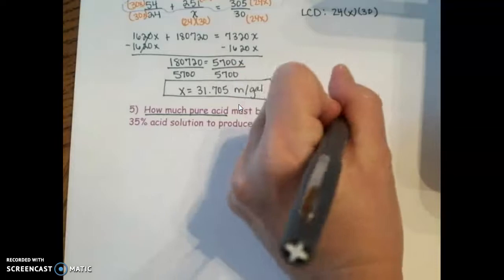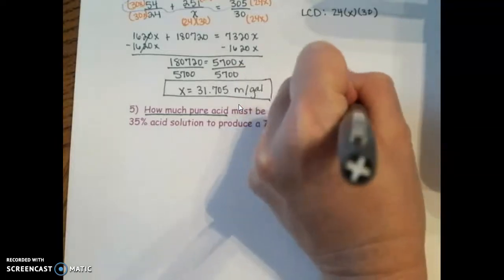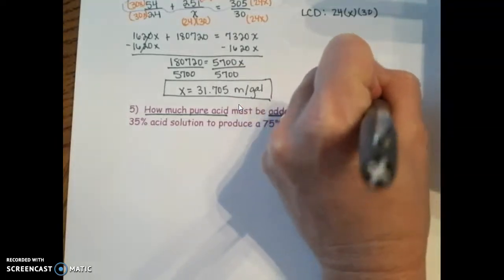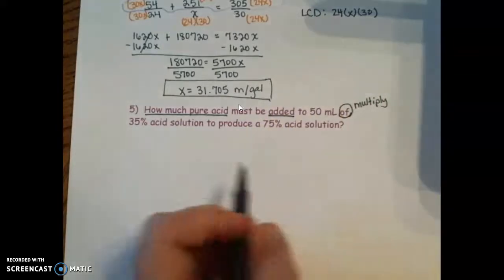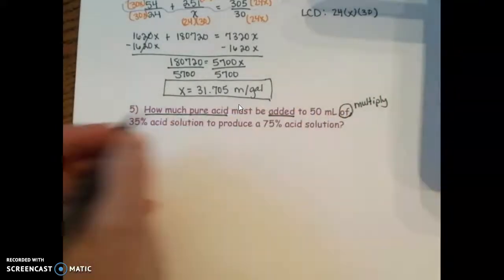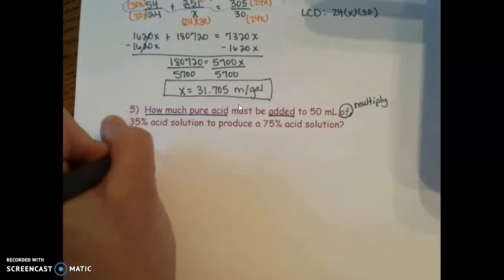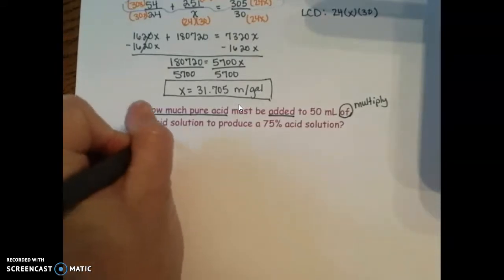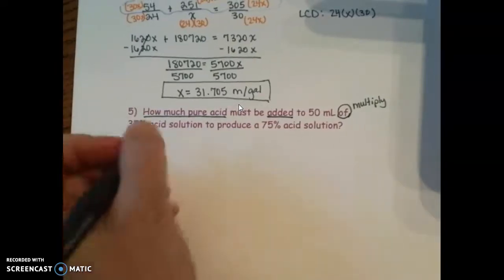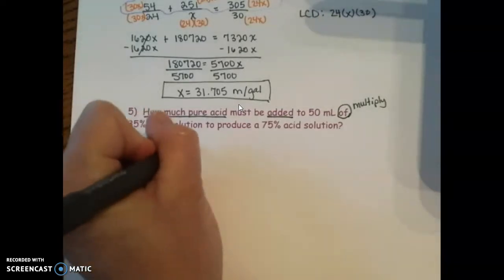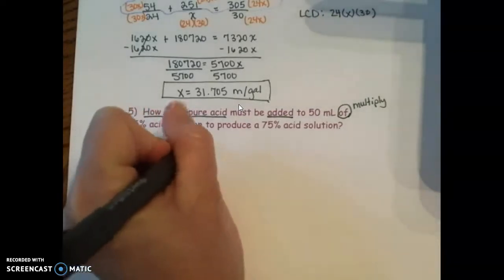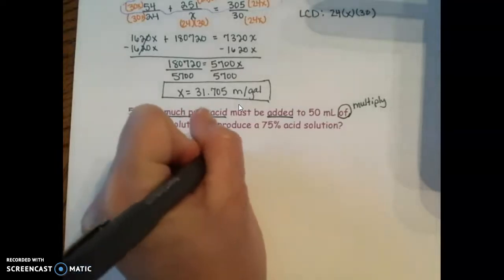And of in math means multiply. So the first thing I'm going to do is take that 50 and multiply by 0.35, which is 35%, and that's going to give us 17.5 milliliters of acid.